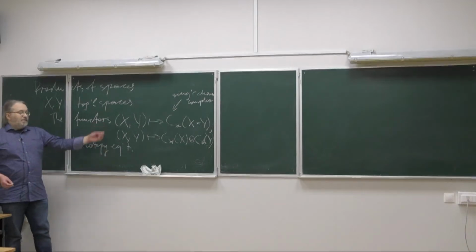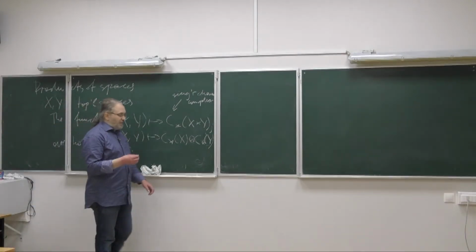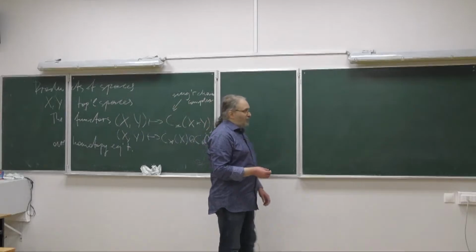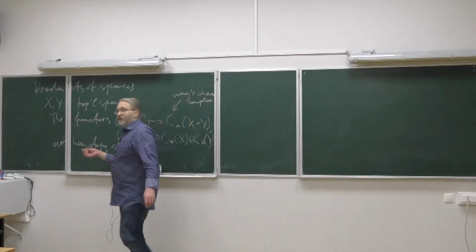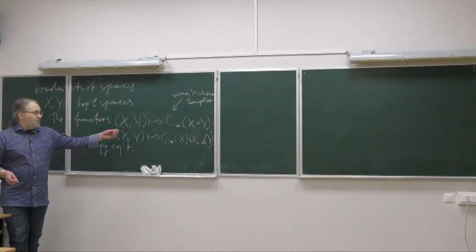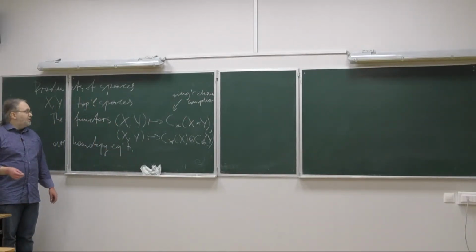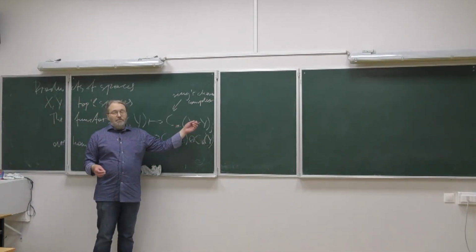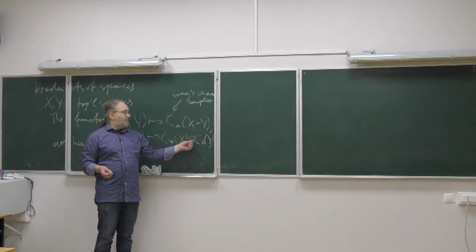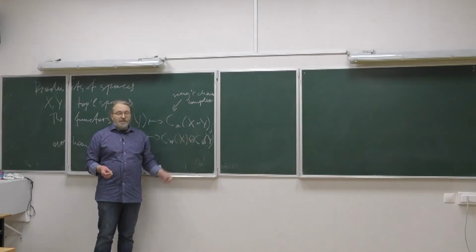Well, before we talk about the proof, let's see if we understand what it says on the board. Singular chain complex is something we have already seen, but what is the tensor product?